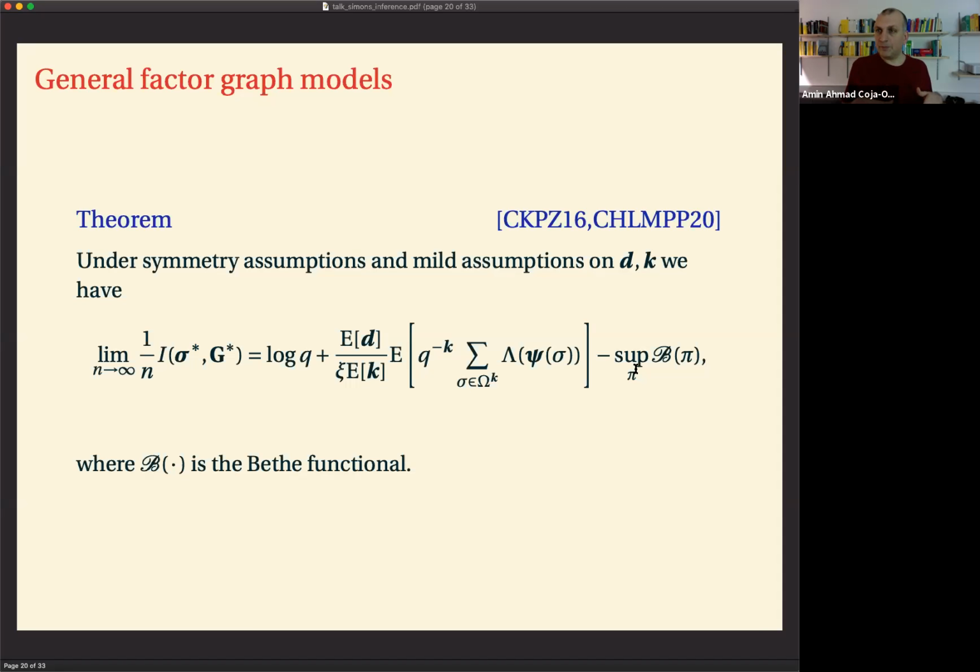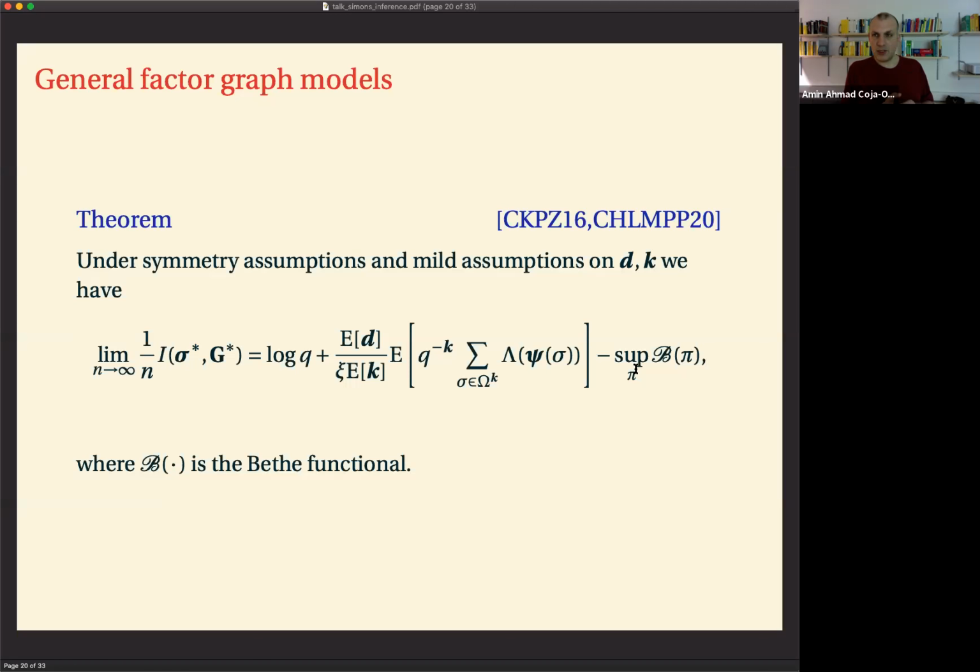So I will not do it. I will just promise you that there's some symmetry assumptions and some mild assumptions on the degrees of your random factor graph model that suffice to turn these physics predictions into a mathematical theorem, at least as far as the mutual information is concerned.